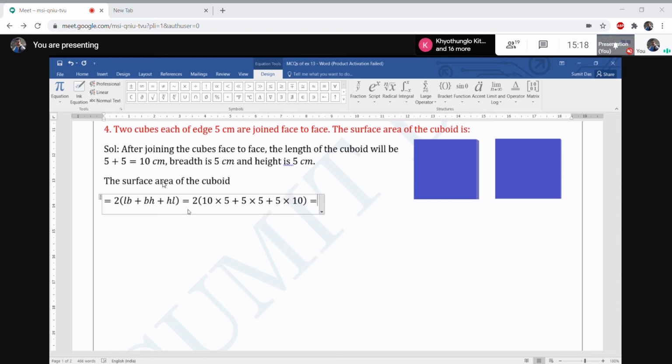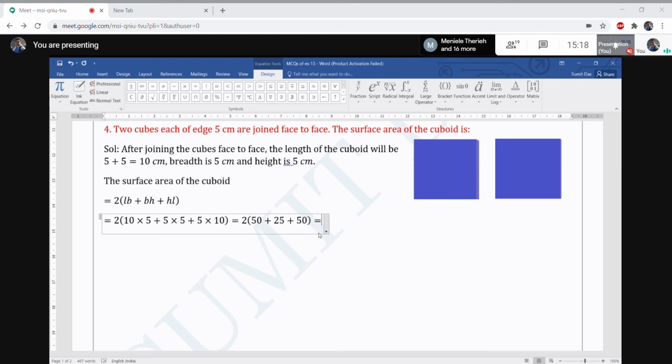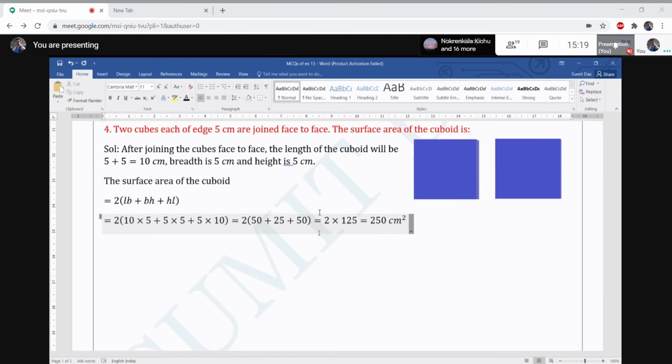If you simplify this, 2 into 50 plus 25 plus 50. If you simplify more, it will be 2 into 125, which is equal to 250 centimeters square. Okay, so option B is correct. Option B is correct. So that is 13.1.